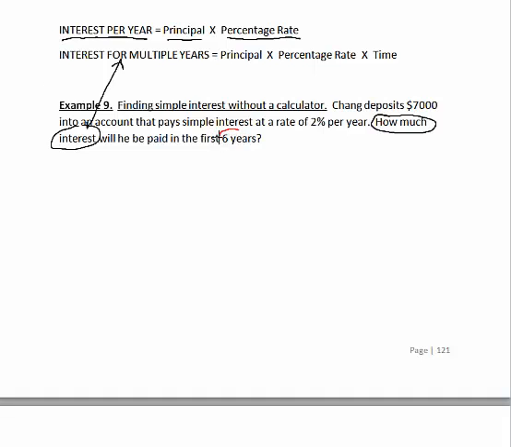Well, how many years? 6, that would be our time. We need a principal, that would be our 7,000. And finally, we have our percentage rate, which would need to be converted to a decimal, 2%.